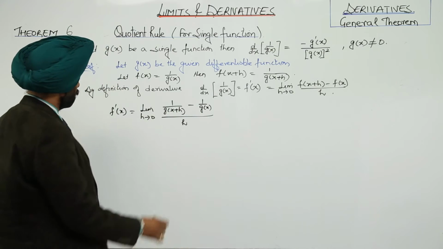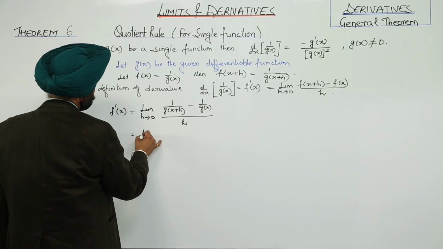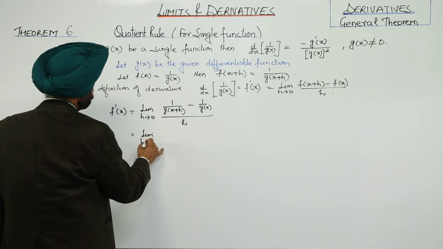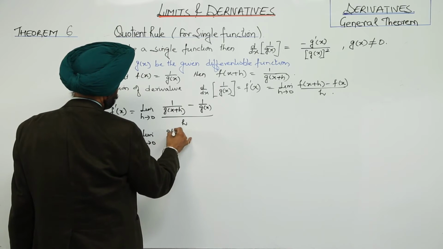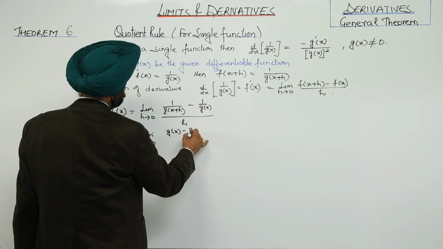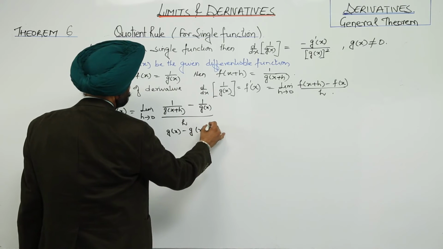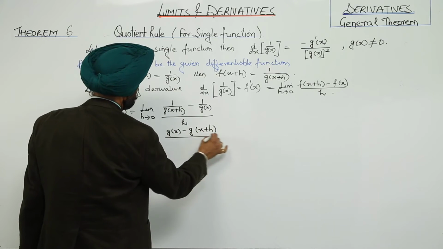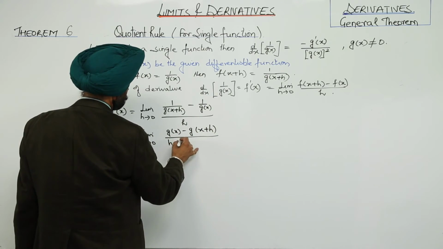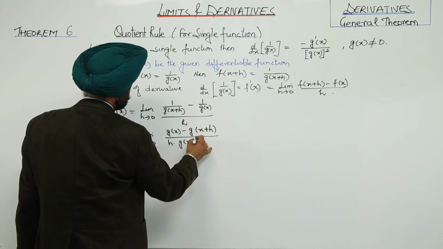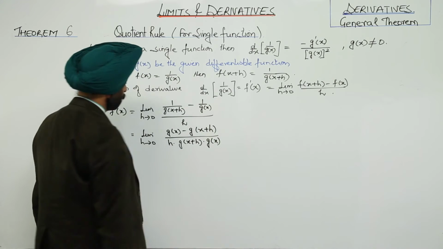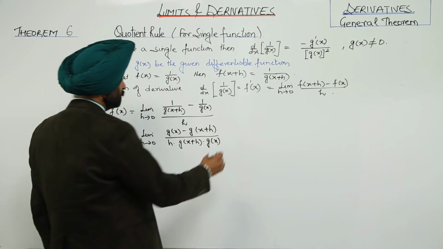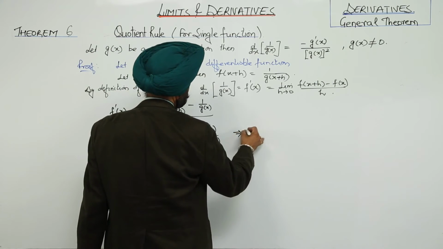Now taking LCM, limit h approaches to 0, g(x) minus g(x plus h) upon h times g(x plus h) g(x).